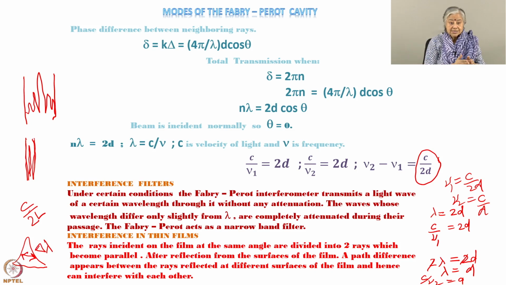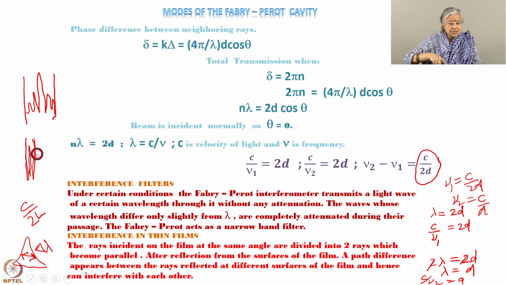So out of all these lambda, how do I select only one? Just by using a Fabry-Perot, which acts like a narrow band filter. I just try to bring these two mirrors closer and closer together, very close to each other.